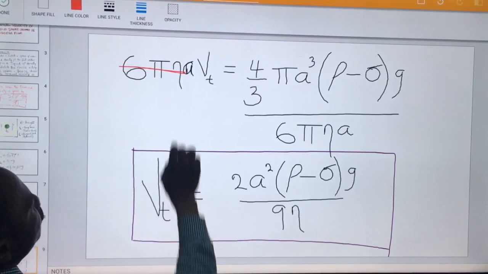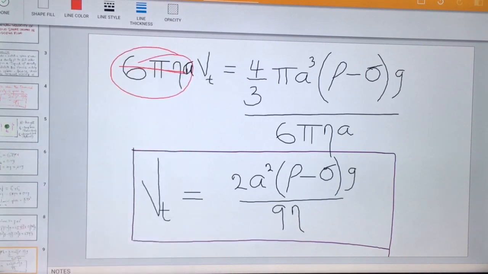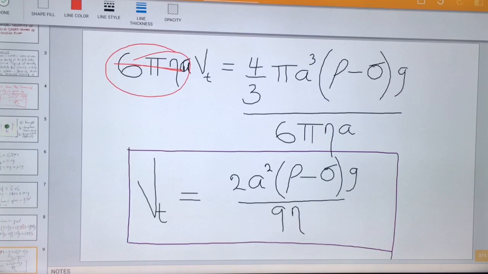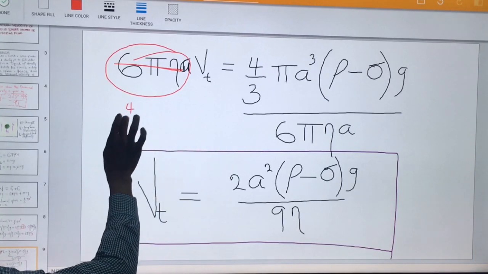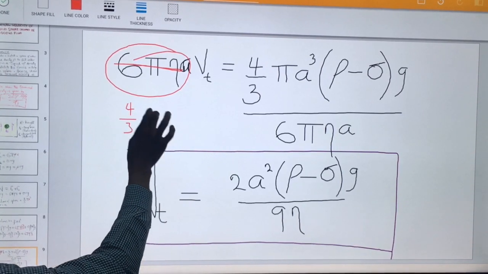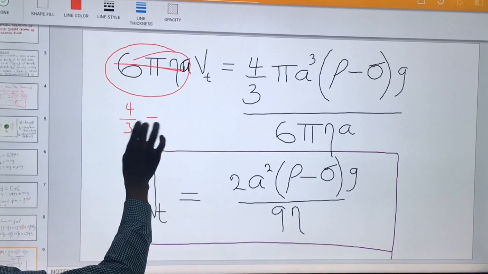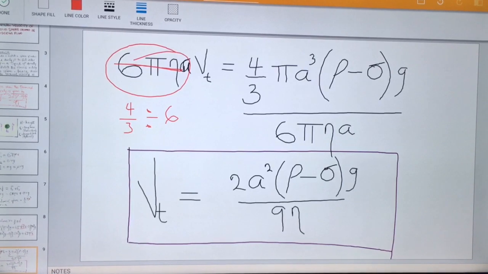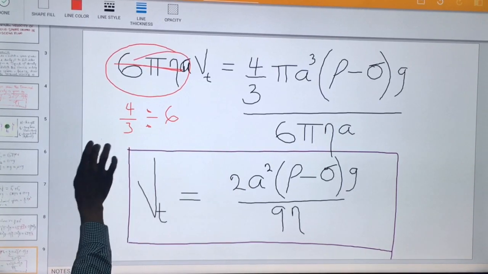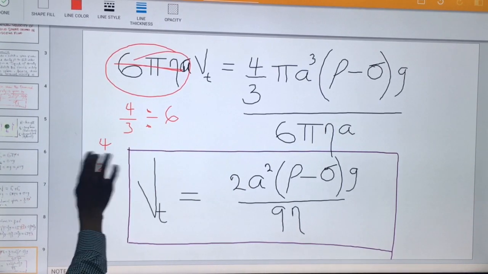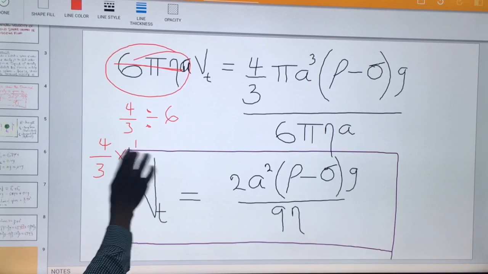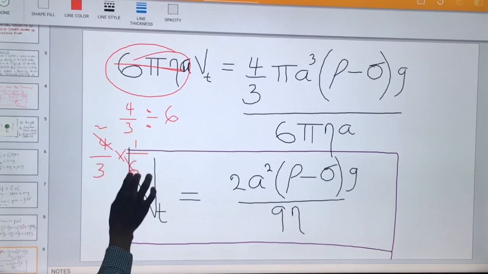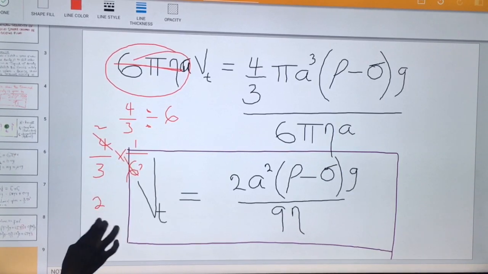At the end of the day, we have the expression 4 over 3 divided by 6. If we divide by 6, we have 4 over 3 times 1 over 6. When we reduce this, the 4 and 6 give 2, and the other is 3, and that gives us 2 over 9.